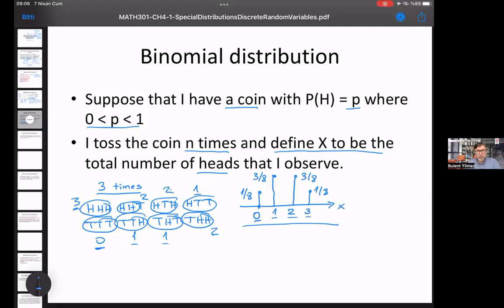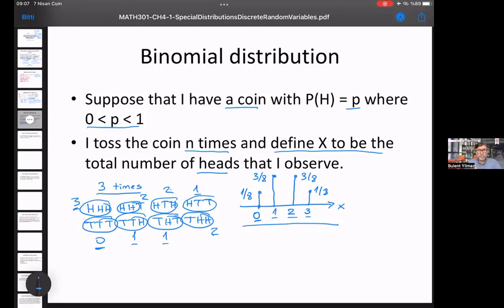Are there any other possible outcomes for the number of heads? No. I'm flipping the coin 3 times. I either have no heads, or 1 head, 2 heads, or 3 heads, right? These are the possible outcomes. What is their probability? 1 over 8, 3 over 8, 3 over 8, 1 over 8. So I can find them by plotting them. But how about if I toss the coin 100 times and I want to plot the probabilities?